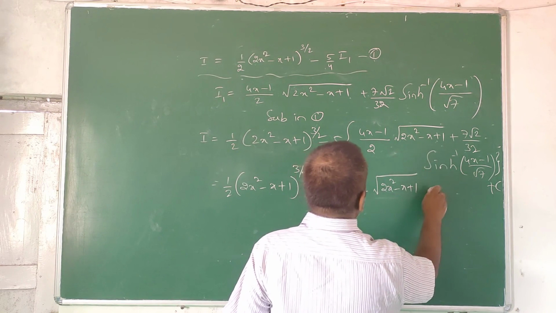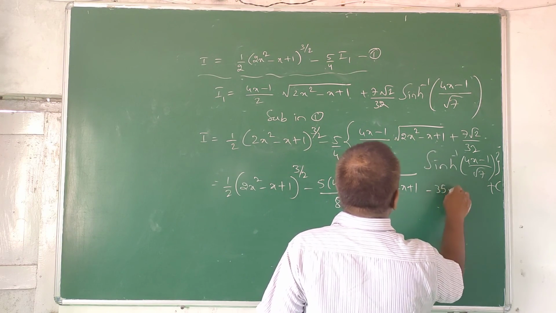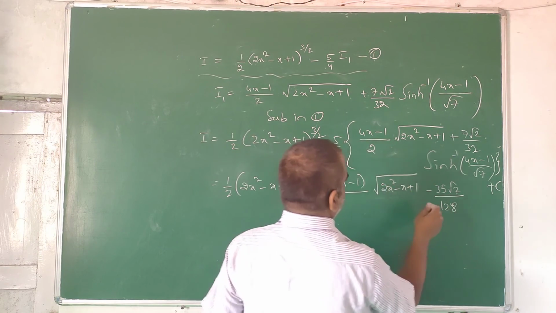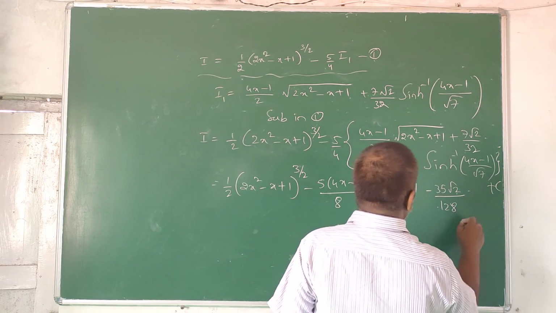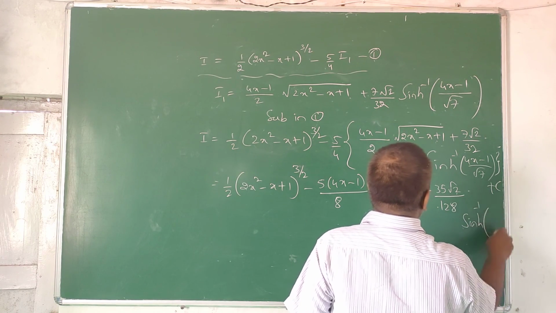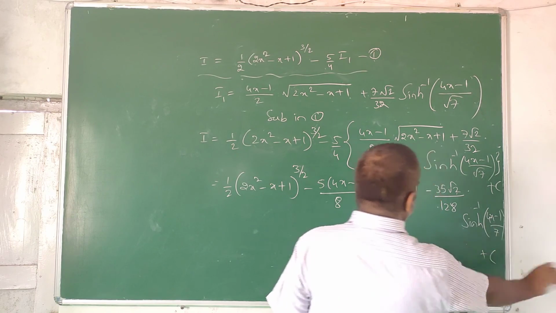So minus 5 7s are 35 root 2 by 128, 32 4s are 128, into sin h inverse, I don't have place here, I am writing sin h inverse 4x minus 1 by root 7 plus c. This ends the problem.